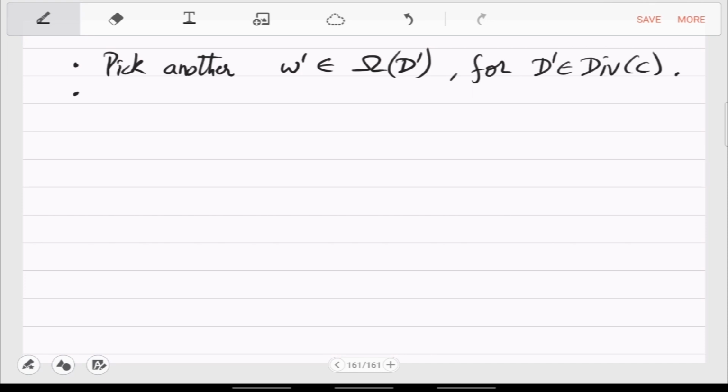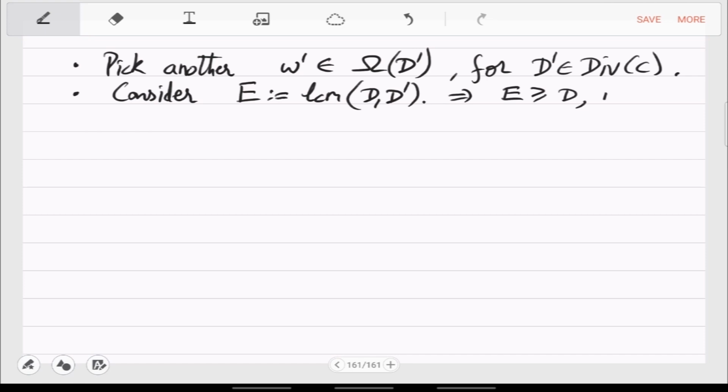For that we use the usual trick. We consider a bigger divisor E, which is the LCM of D and D prime, which means that E is at least D and it is at least D prime. So pick a bigger one, and then what is omega plus omega prime?